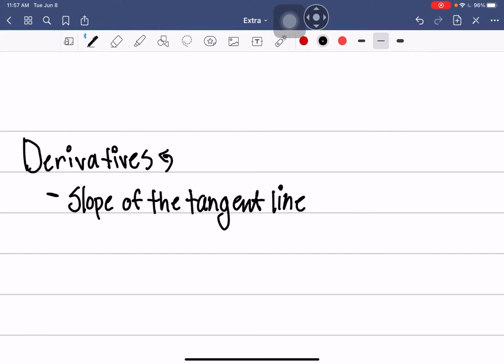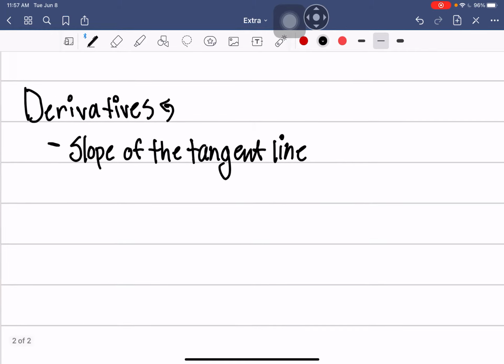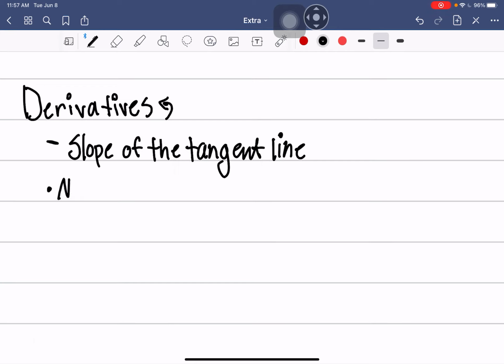As for notation, we commonly use what's called Leibniz notation, and it looks like this. So d over dx.